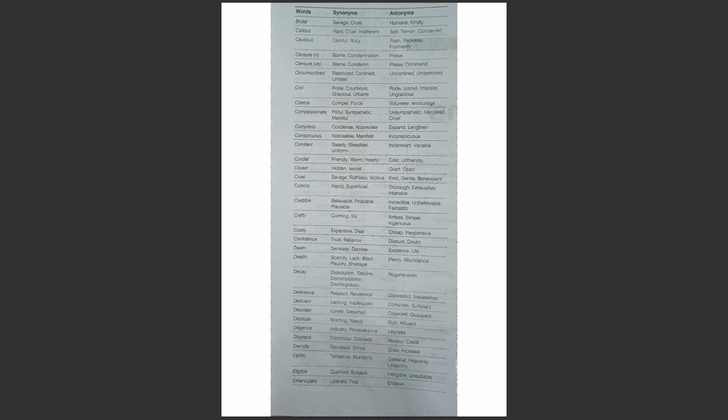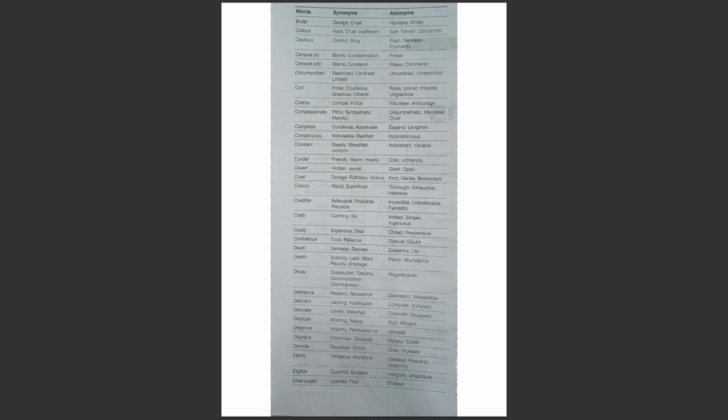The next word is coerce. Coerce, you must have read in the company law about coercion. Coercion means to force someone to do something. If you're forcing someone to do something and using your influence over them and making them do something without their will is known as coercion.